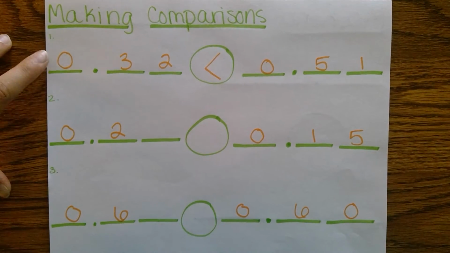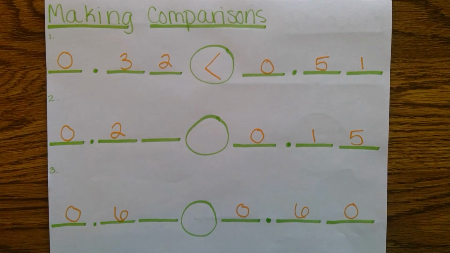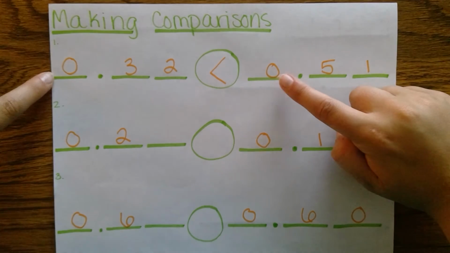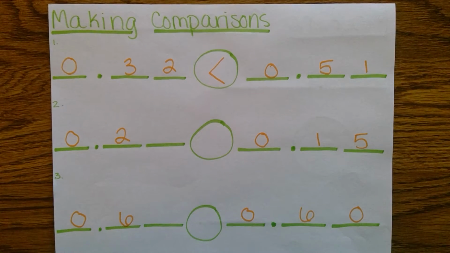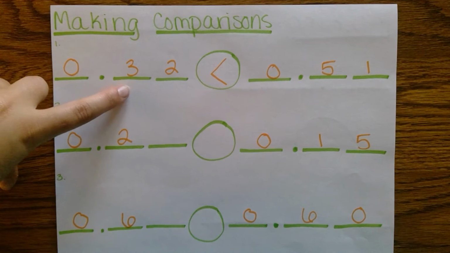So we have 32 hundredths, or 0.32, in comparison to 0.51, or 51 hundredths. So what you're going to do first is you're going to compare the ones place. They're both 0, so we don't have any comparison there. They're equal. So then we look at the tenths.